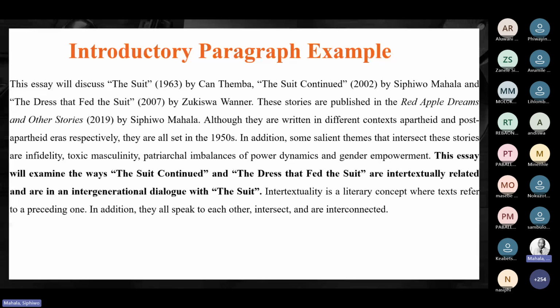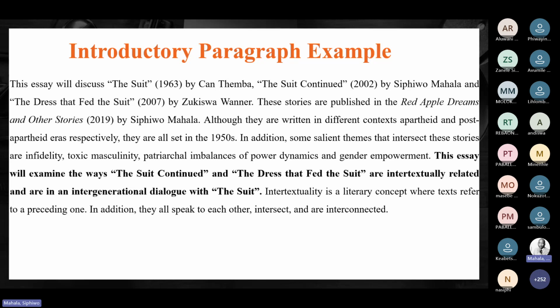In addition, some salient themes that intersect these stories are infidelity, toxic masculinity, patriarchal imbalances of power dynamics, and gender empowerment. Now, this is what we call the thesis statement. This essay will examine the ways "The Suit Continued" and "The Dress that Fed the Suit" are intertextually related and are in an intergenerational dialogue with "The Suit".